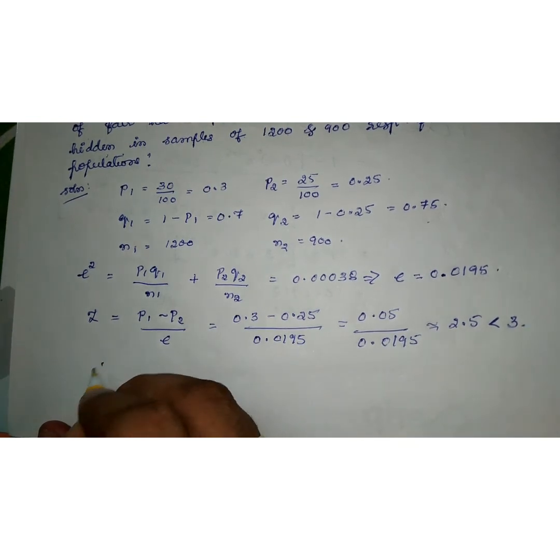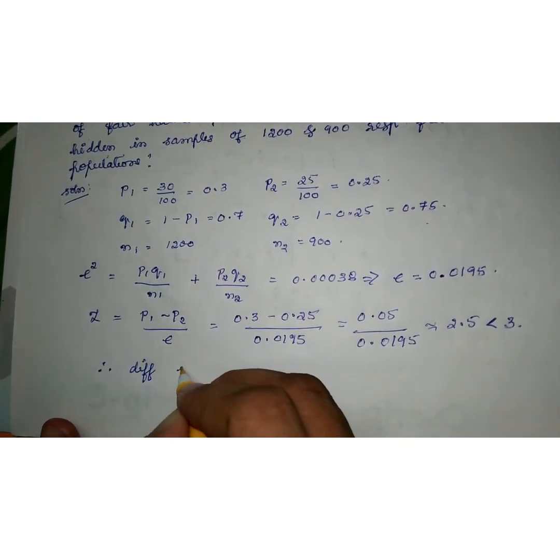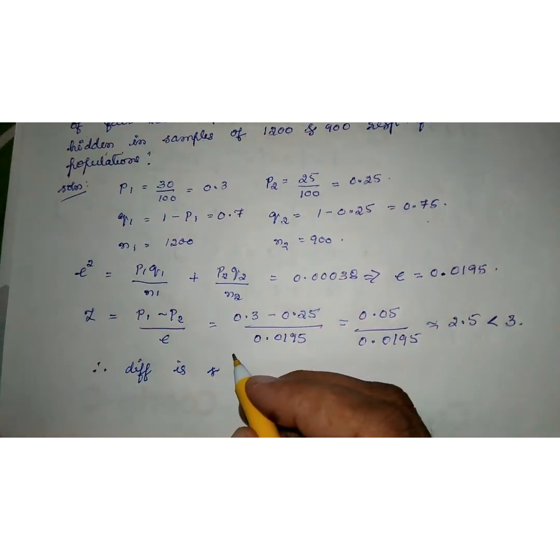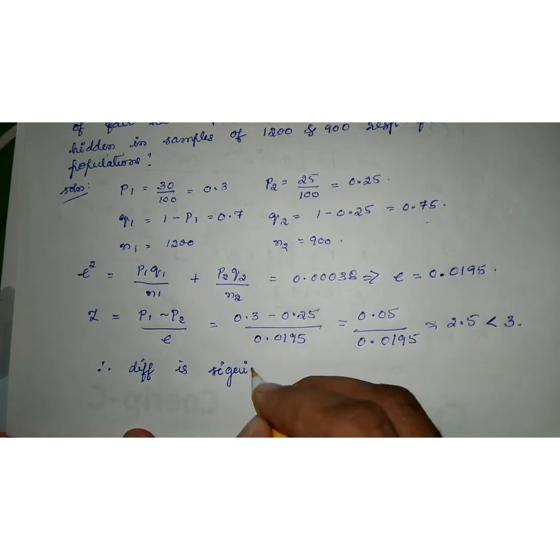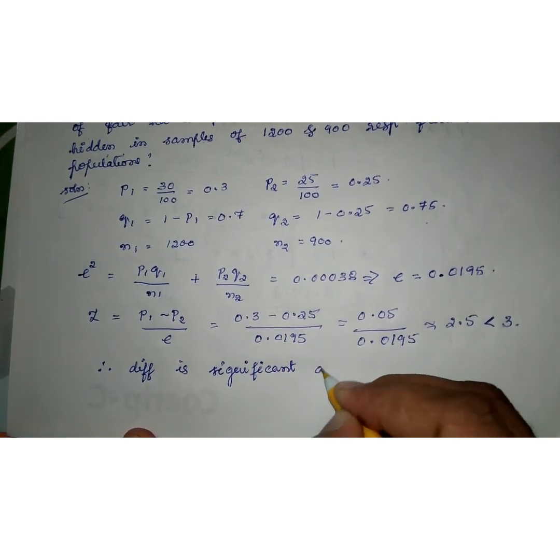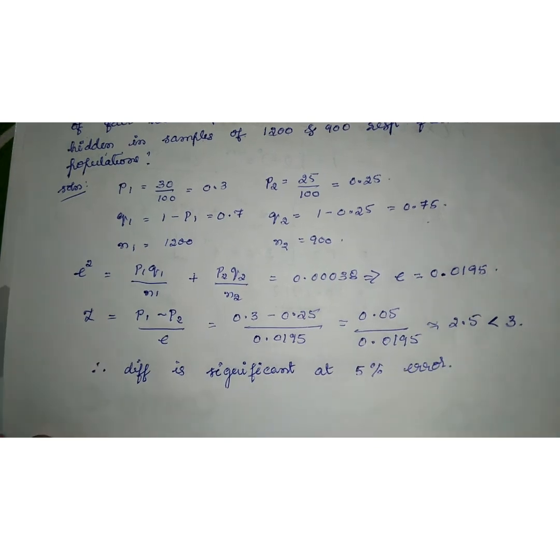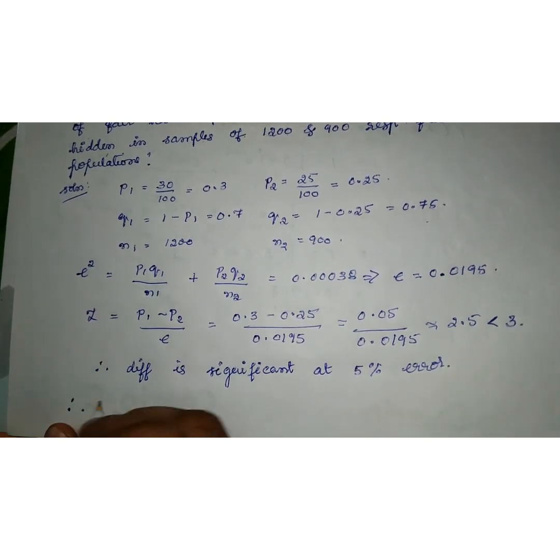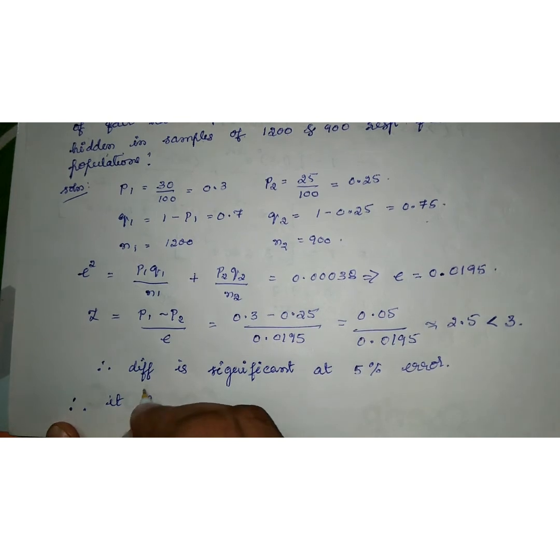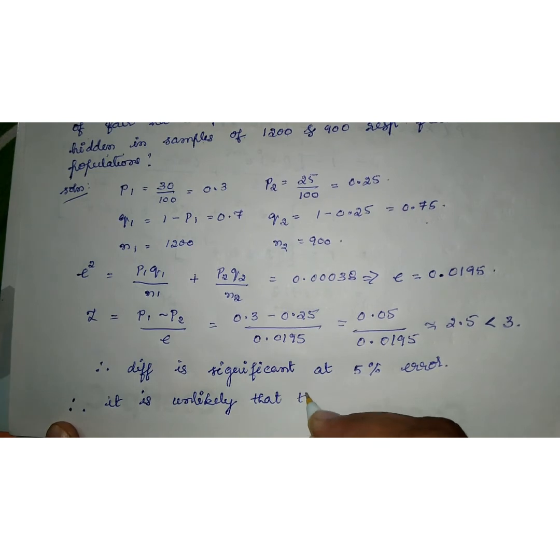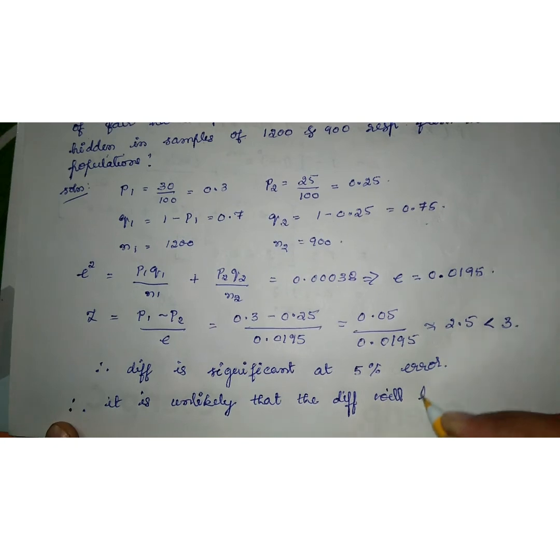So the difference is significant at the 5% level. Therefore it is unlikely that the difference will be hidden.